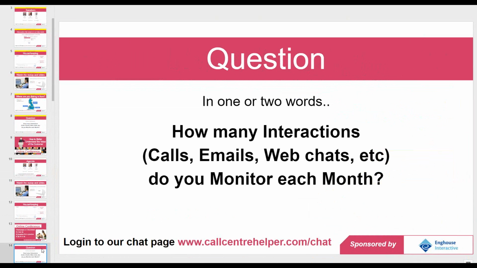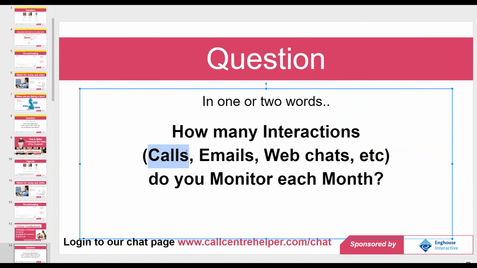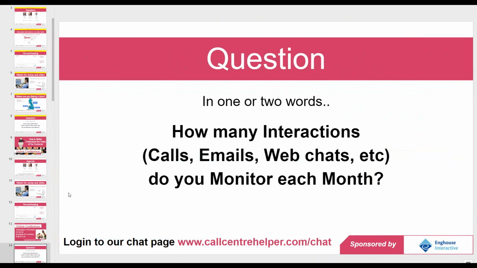We've had varying answers so far, ranging from about 25% of incoming communication, says Rana, 1% says Raluca, and about 5% says Andrew, though that's also limited by the ability to monitor chat and emails. I find that often calls get monitored a lot, but emails and web chats tend not to be. So if you'd just like to type that into the chat room.